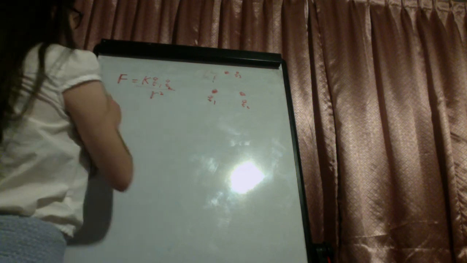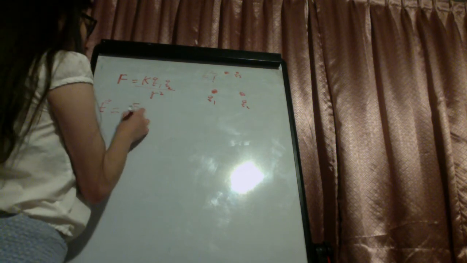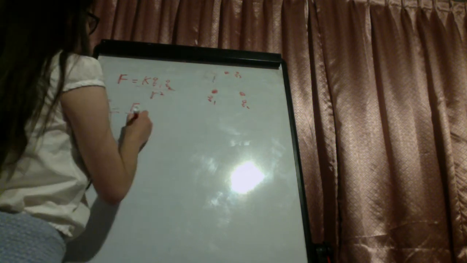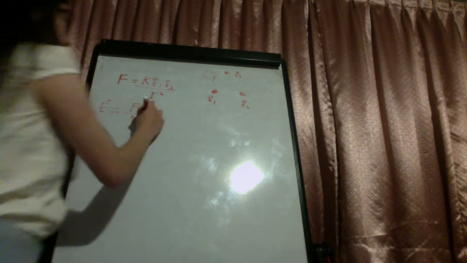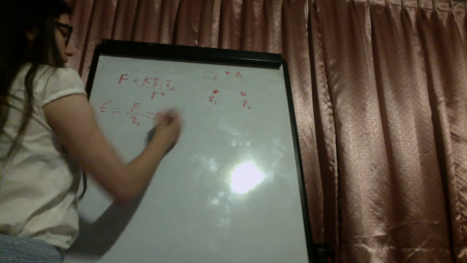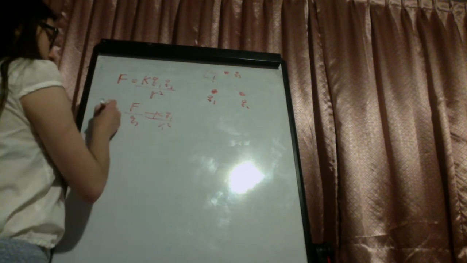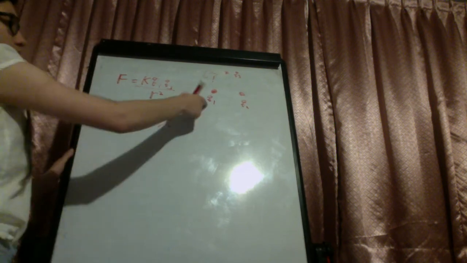So the electric field due to this charge at this point is the force divided by Q3, in which the force is Q1 times Q3. So the electric field would just be K times Q1 divided by, let's say, R sub 1 squared. This is the electric field at this point due to charge 1.